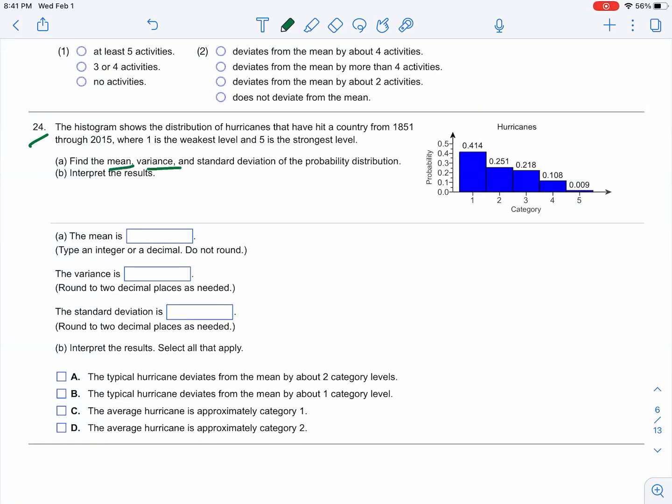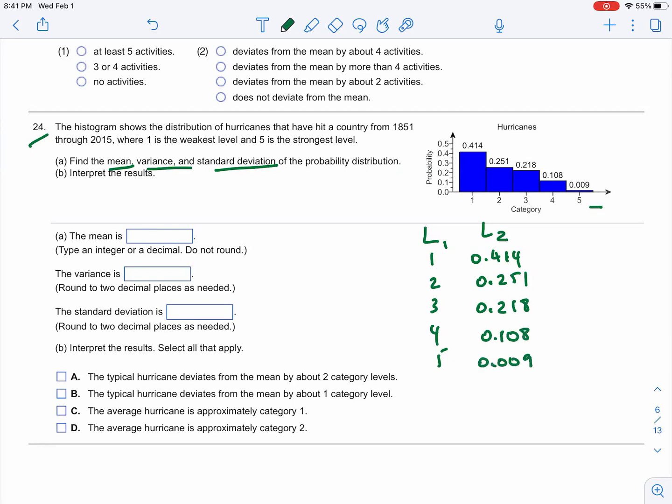They still want you to find the mean, variance, standard deviation. Your L1 is given to you. L1 are categories. You go from 1, 2, 3, 4, 5. L2 are your probabilities, 0.414, 0.251, 0.218, 0.108, finally 0.009. So you go to start, edit, you enter your data.